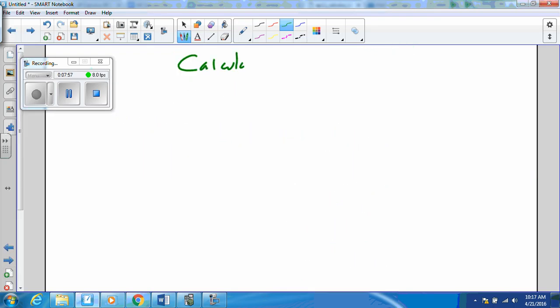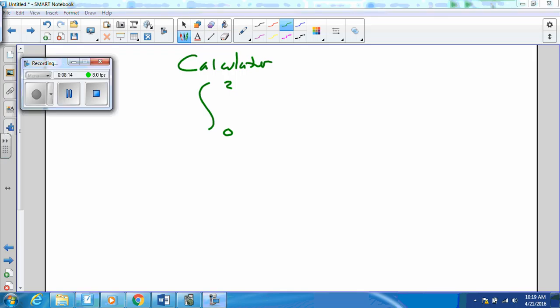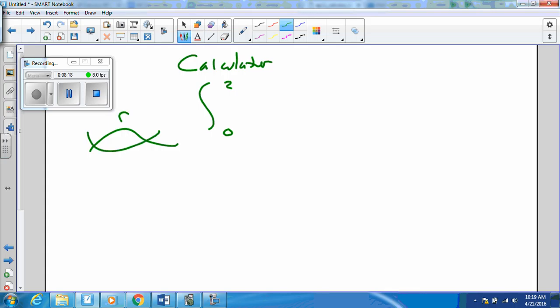Let's say I've got a calculator problem, okay? And let's say I've got two curves that intersect at 0 and 2. Say I've got f and g right here, and I need to find the area.